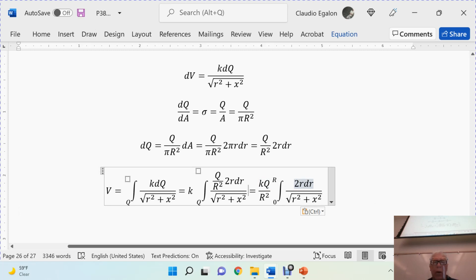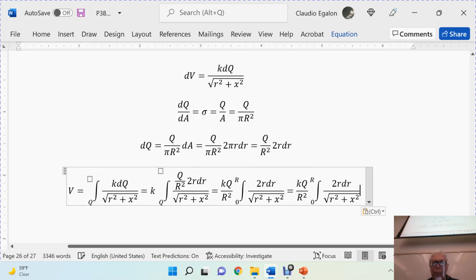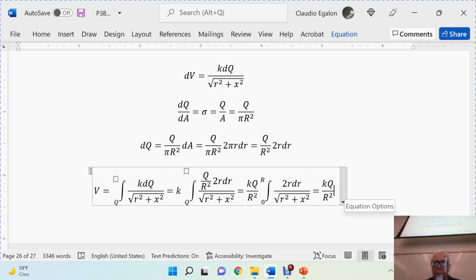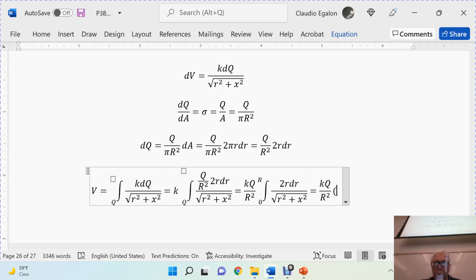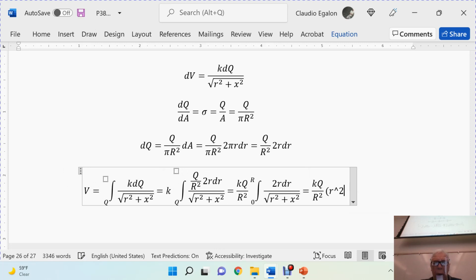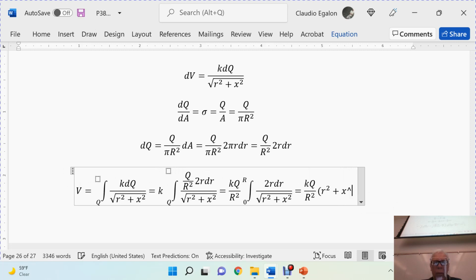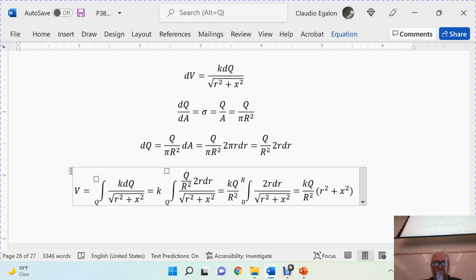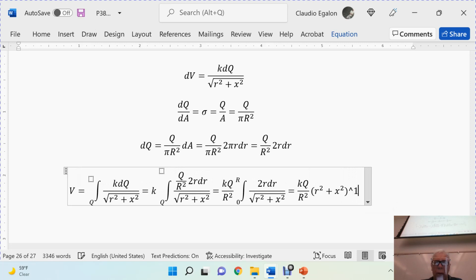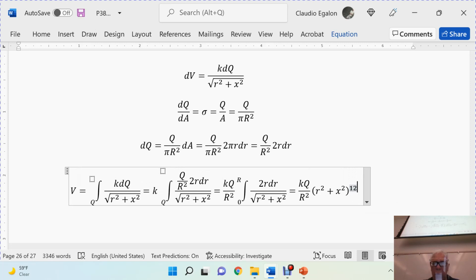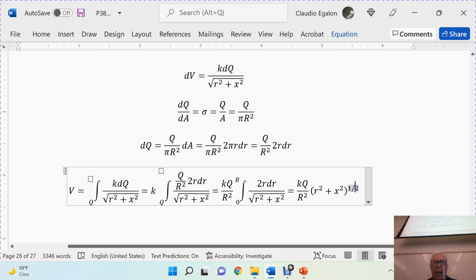So what this integral is all about is going to be r squared plus x squared. Don't forget your x doesn't change. Raised to the power of half. Did I forget anything? If we take the derivative of this guy, we are going to get a half on the front and a square root on the bottom, right?